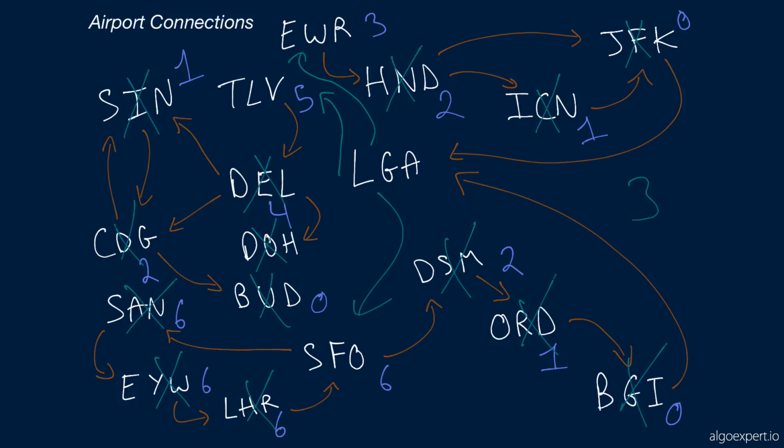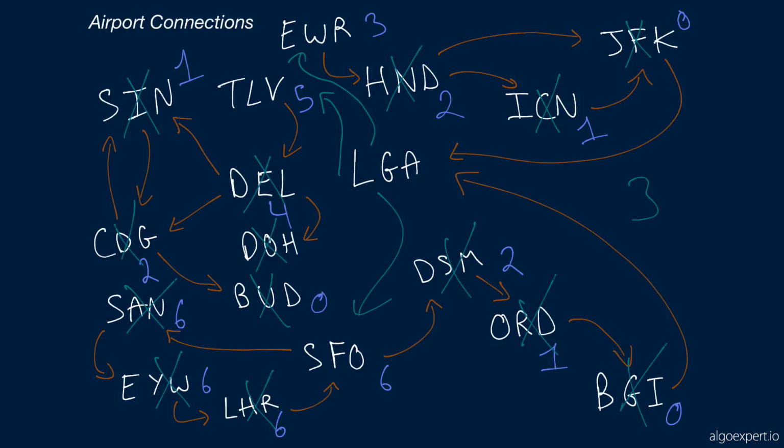And then finally, once we had that, we can sort all of these unreachable airports in descending order, starting with the ones that have the most unreachable nodes that you can connect to, the highest value score. Create a connection to them.